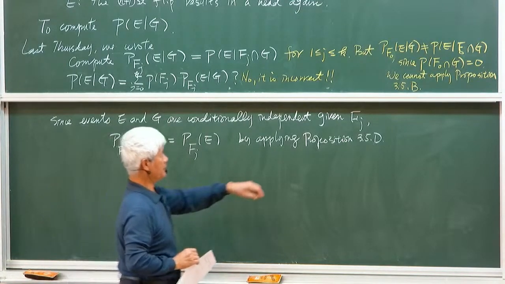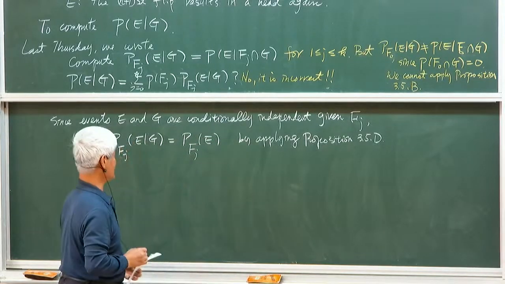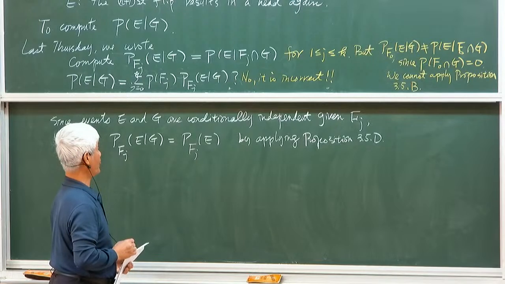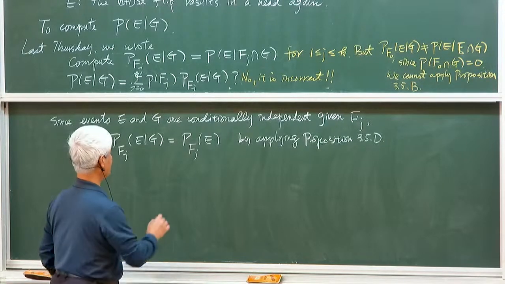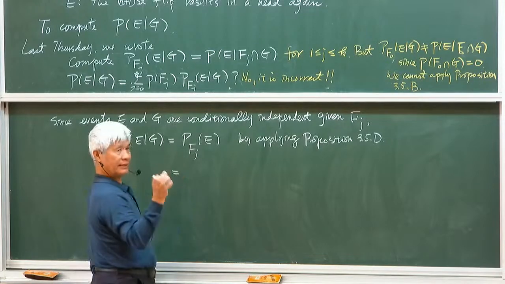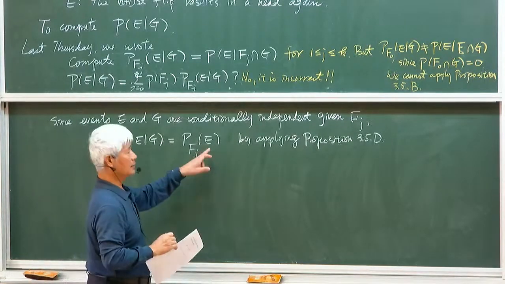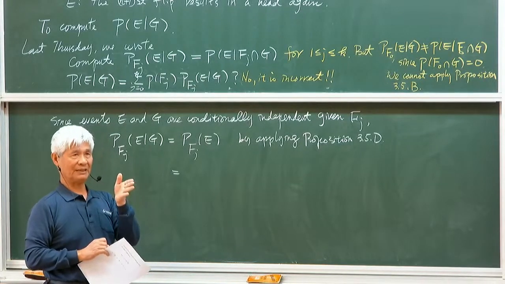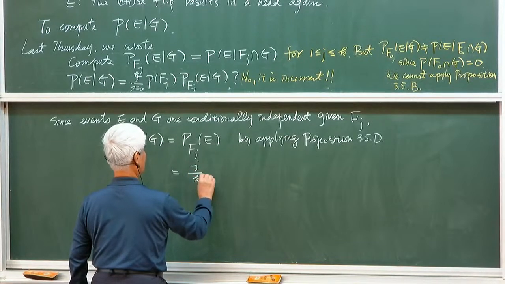Because in proposition 3.5.d, if we have conditional independence, then we have this one. Okay. All right, and given the jth coin is selected, then the n plus 1 flip has a head with probability equal to j divided by k.